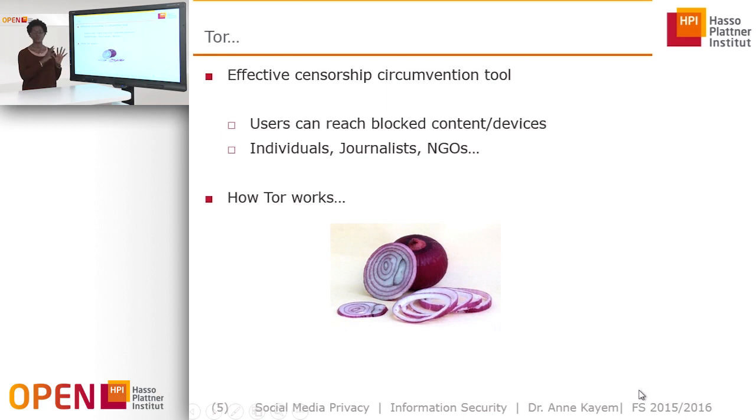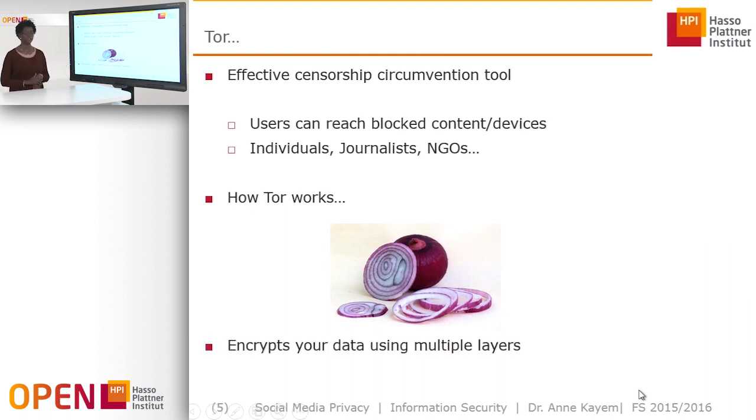But I would like you to keep the picture of an onion in mind and to think about the fact that when a message is conveyed from one computer to the next, what happens is that a path or a route needs to be discovered or found in order to allow computer, for example, A, to convey a message to computer B through the whole network of computers that we have, for example, available on the internet.